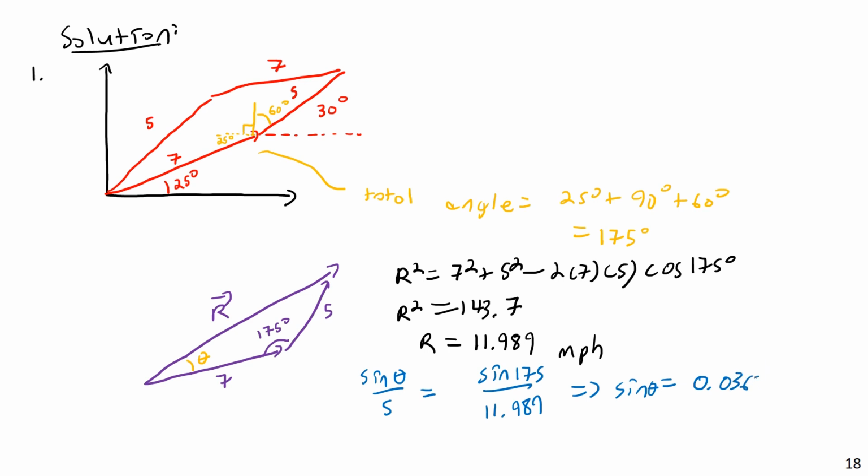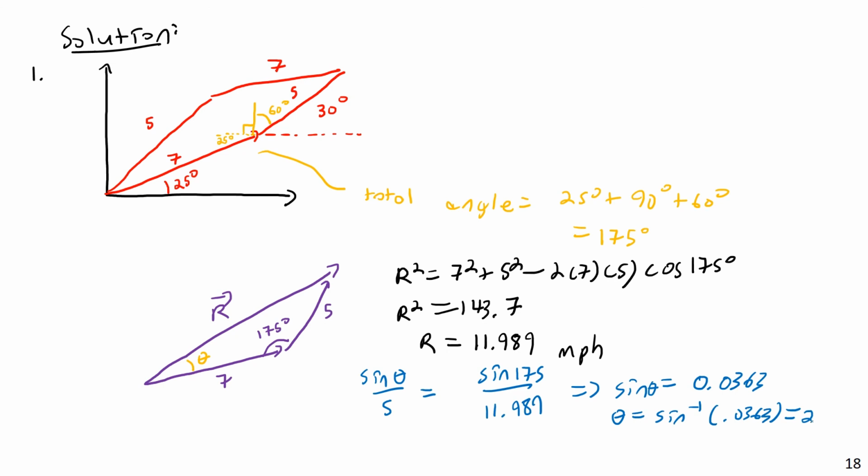You might check that on your own. Make sure I didn't make any stupid mistakes, which is certainly possible. And then theta is equal to the inverse sine of 0.0363. And that comes to a modest, actually not as bad as I would have thought, 2.08 degrees. Not too bad.